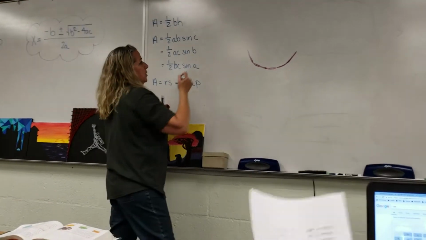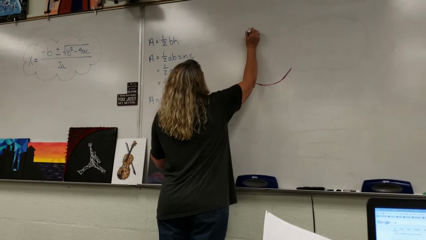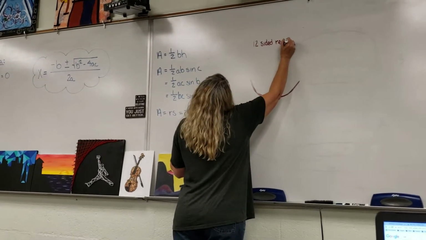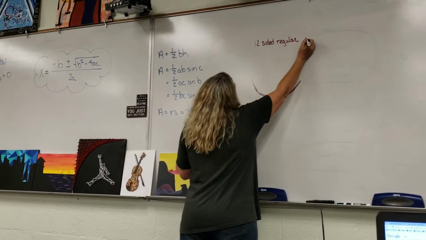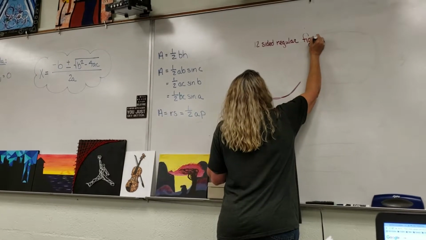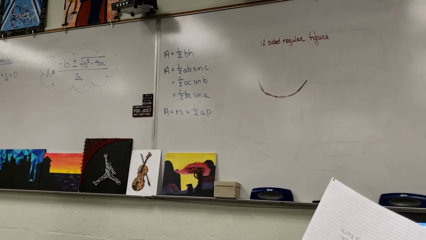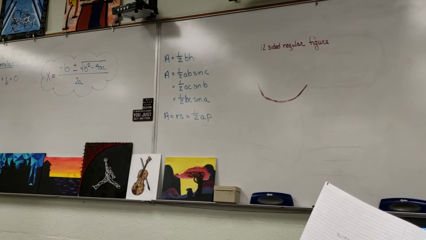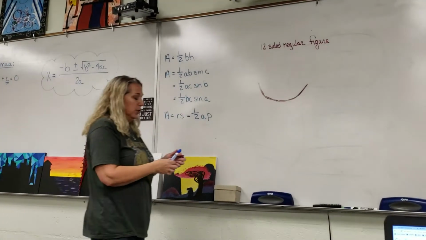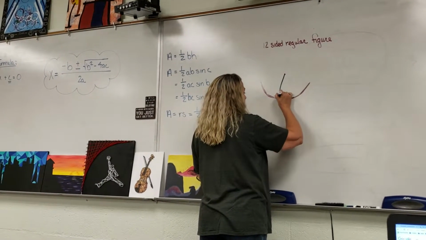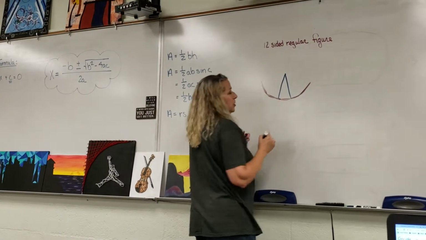So we know that it's a 12-sided figure. And so some people came up and went, Ms. Romo, they didn't even show us the whole figure. How are we supposed to do this? Well, you don't need the whole figure. You just need the center. And you need to be able to draw a picture.